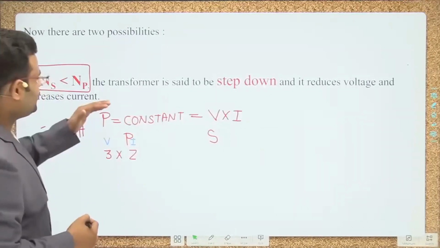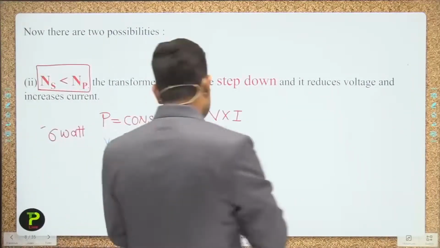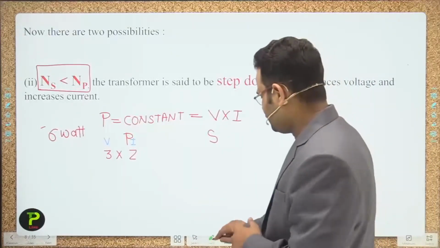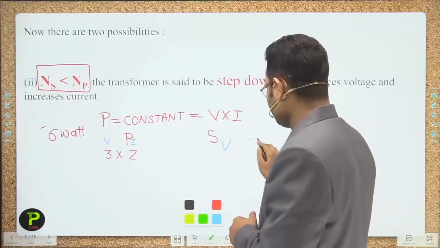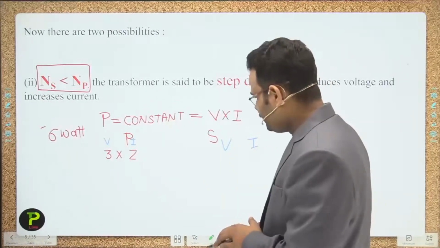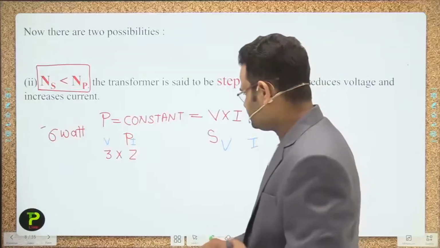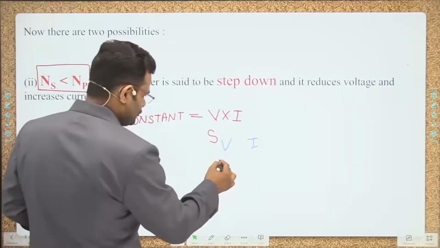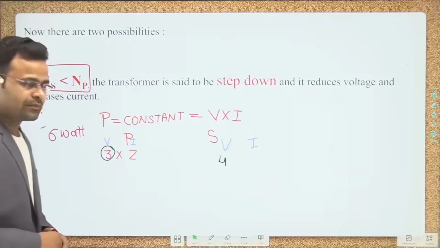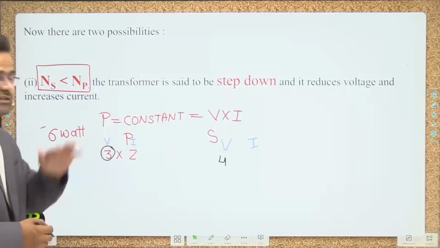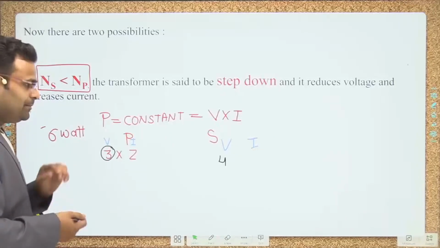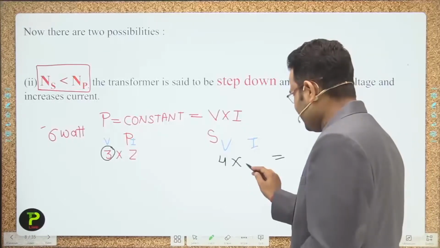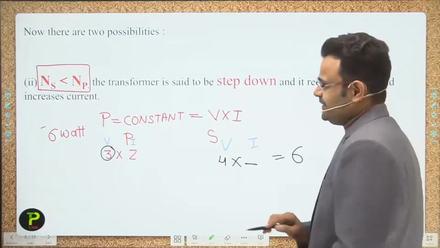If we use a step up transformer, then what are the voltage and the current? If you increase the voltage, guys, what happens? The 3 will increase, say to 4, but the current decreases. Why? Because the product of voltage and current must always be 6.